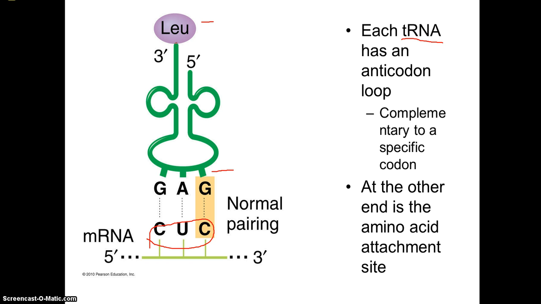So that's how it all works. That's how the ribosome can read a codon, call for one specific tRNA that has one specific amino acid on it. And we'll have lots of practice with this as we practice all of these ideas. Just make sure you write down everything over there on the side.